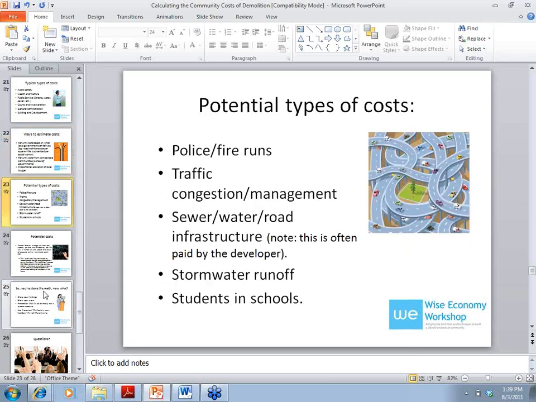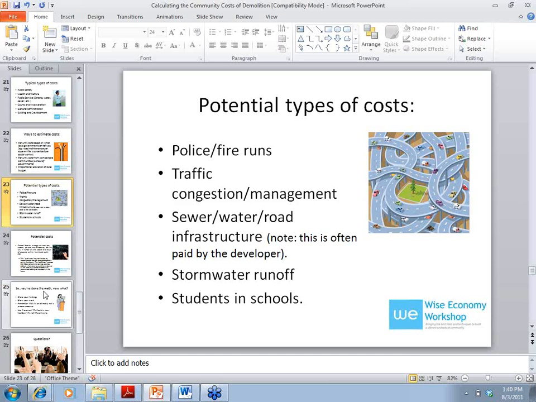So you can look at costs of traffic congestion, so things like having to put in a new street light if the volume of traffic on a particular road goes up, or having to widen a road if the volume of traffic goes up because you've greatly increased the amount of activity on a particular site. You can look at the number of police and fire runs per type of use.